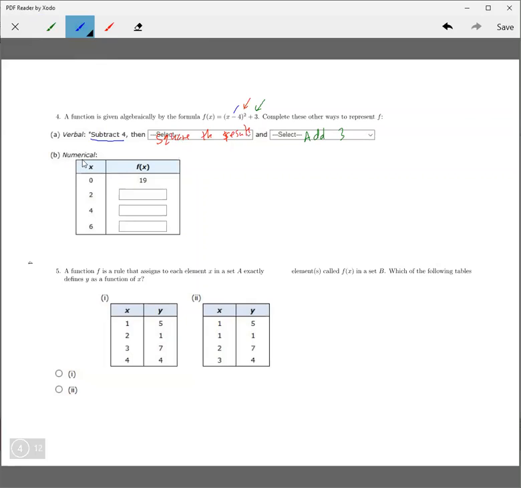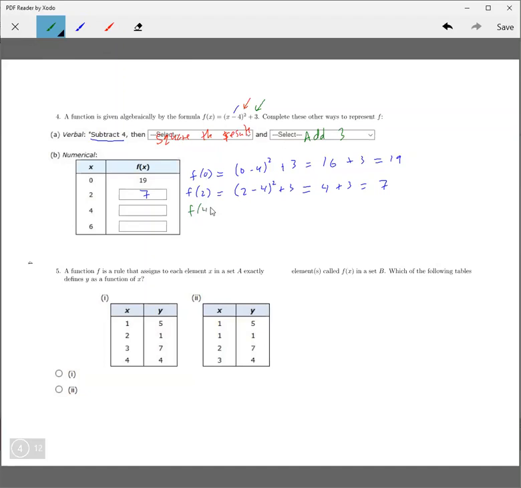Okay, let's look at the next part. Numerical would be with a table like that. If you put a 0 in, they filled in the first one for us: you get 0 minus 4, plugging the 0 into this expression, which is 16 plus 3, that's 19. If you plug a 2 in, you get 2 minus 4, which is negative 2. Squared that's 4, and that's going to be a 7.